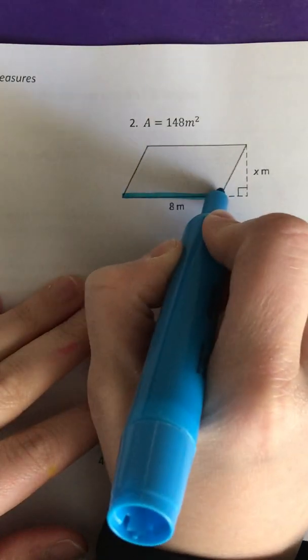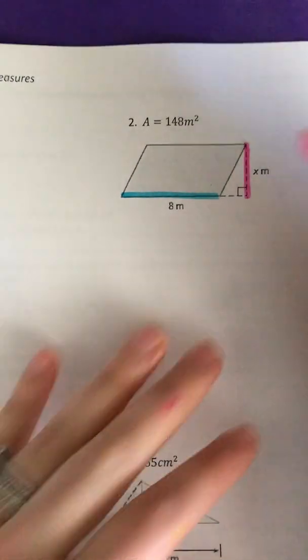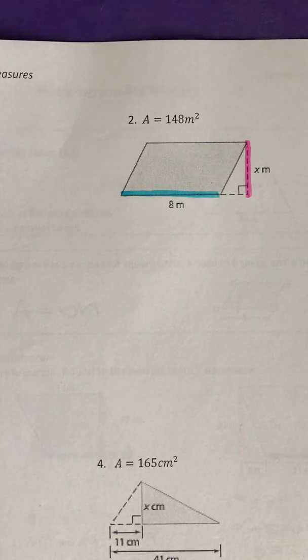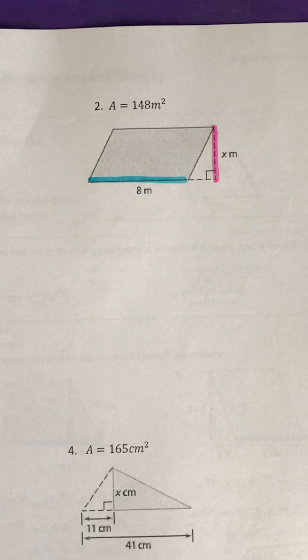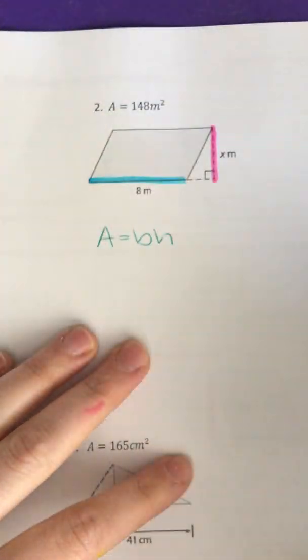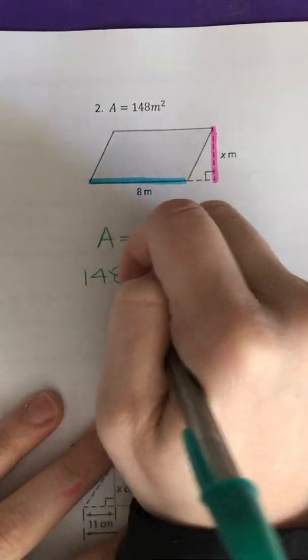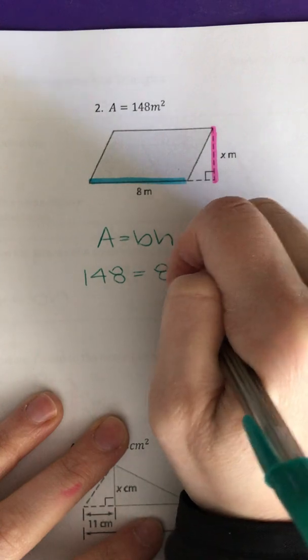My base is 8. My height is x again. So I'm going to do the same thing. Area equals base times height. My area is 148. My base is 8.